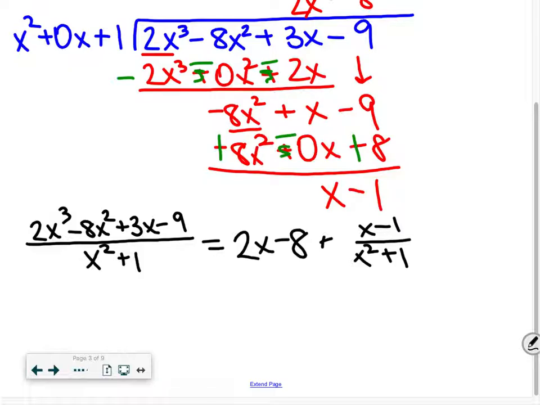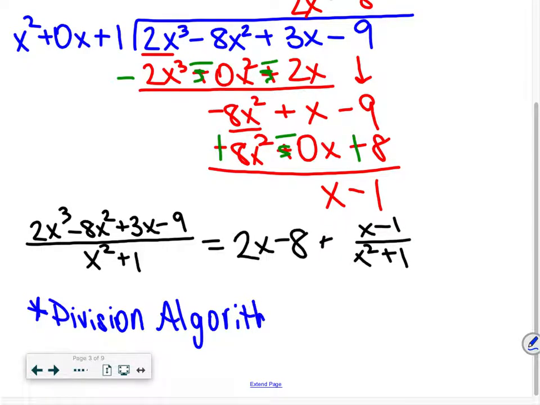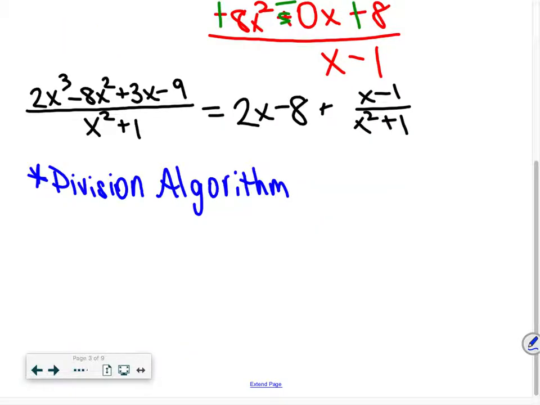If I asked you to perform the division, then this over here is the answer that I would expect. Okay. Questions on what I wrote in black up there? Okay. So let's talk about that division algorithm.